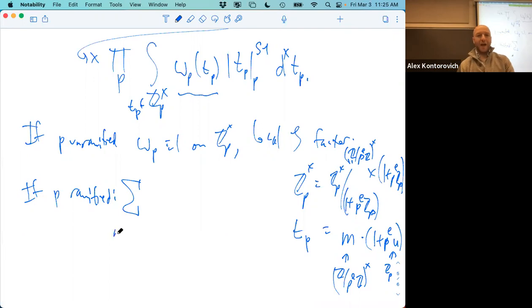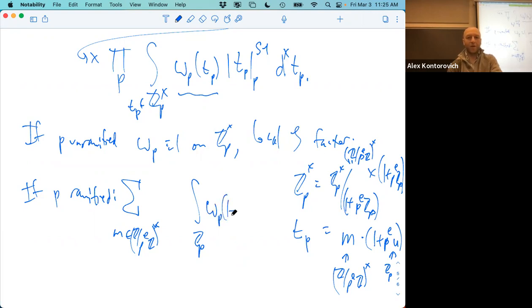So it's a sum over M in Z mod p to the e Z cross, and then an integral over Zp. Omega p at this product of two things is omega p at one thing times omega p at the other thing. So I have an omega p at 1 plus p to the e U, and I have an omega p of M.